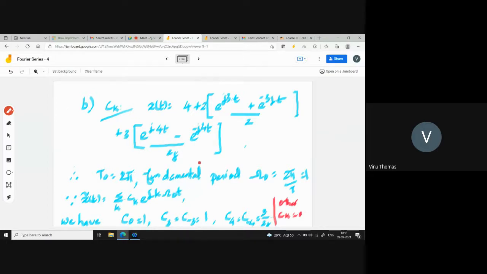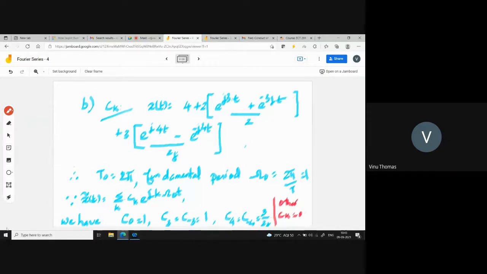Expanding this, it is 4 plus 2 by 2 times (e raised to j 3t plus e raised to minus j 3t) plus 3 by 2j times e raised to j 4t minus 3 by 2j times e raised to minus j 4t.